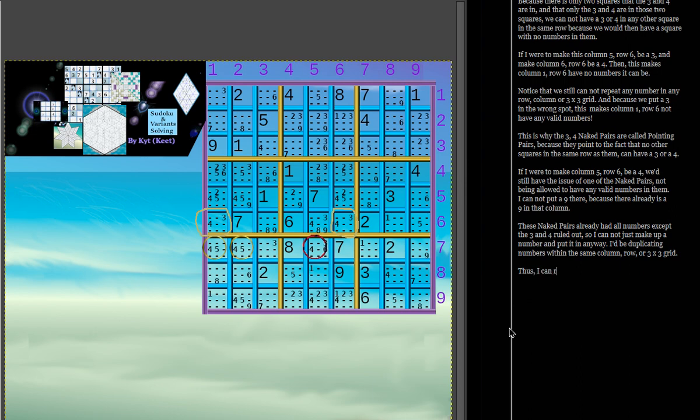Thus, I can remove the 3 and 4 from column 5, row 6.